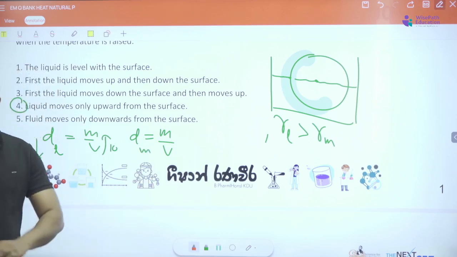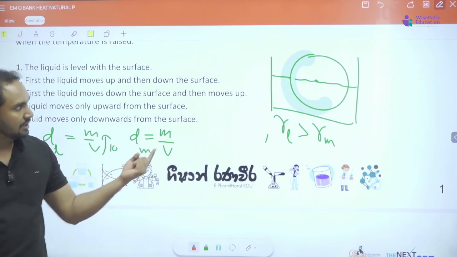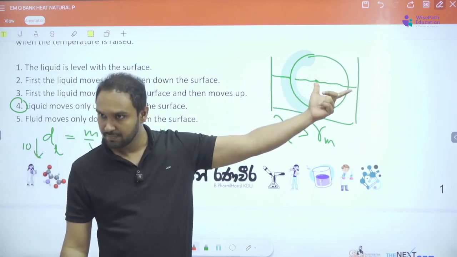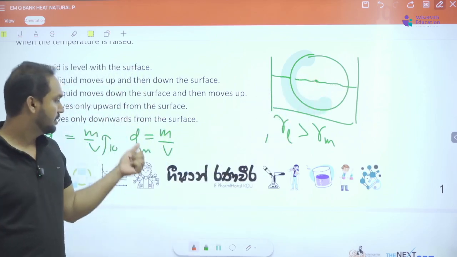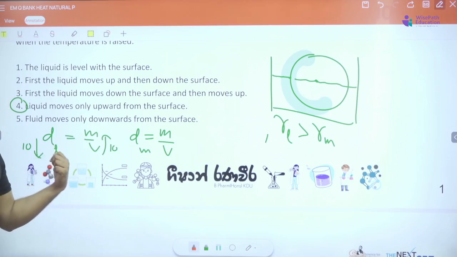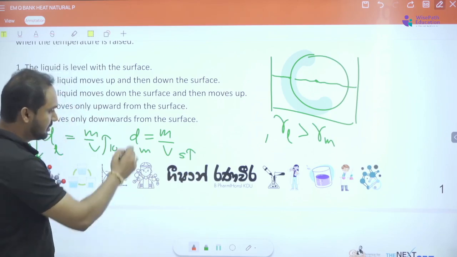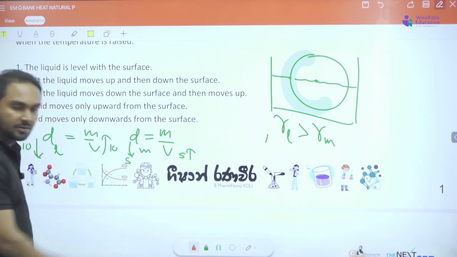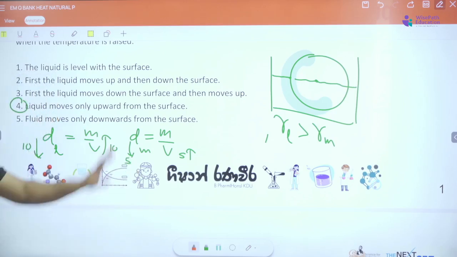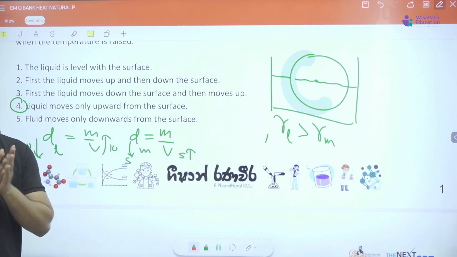In the metal it happens the same. Its volume is increasing, so the density should go down, but compared to the liquid it will go maybe 5 folds. Still the density is decreasing, but the magnitude is higher in the liquid than in the metal. That's the difference. Get it?